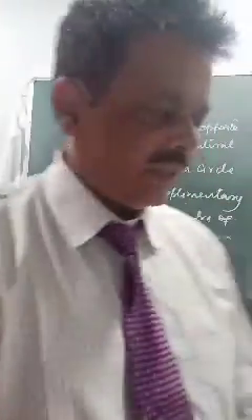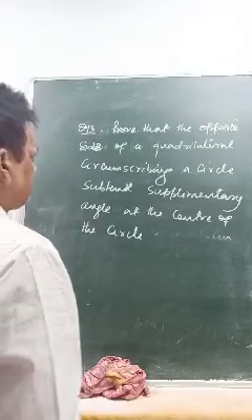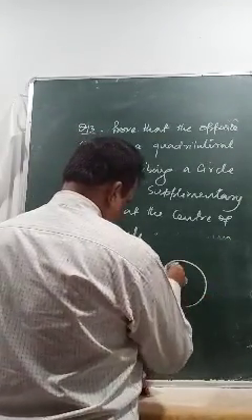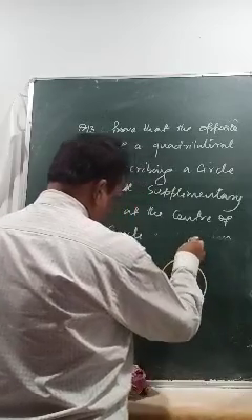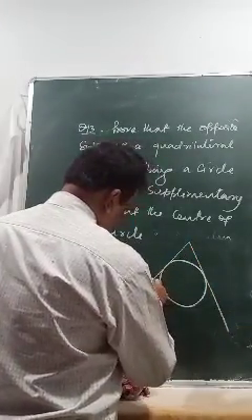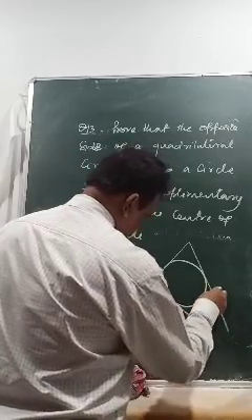Okay, look at the quadrilateral. This is any circle. This is one side, this is the second side, this is the third side, this is the fourth side.